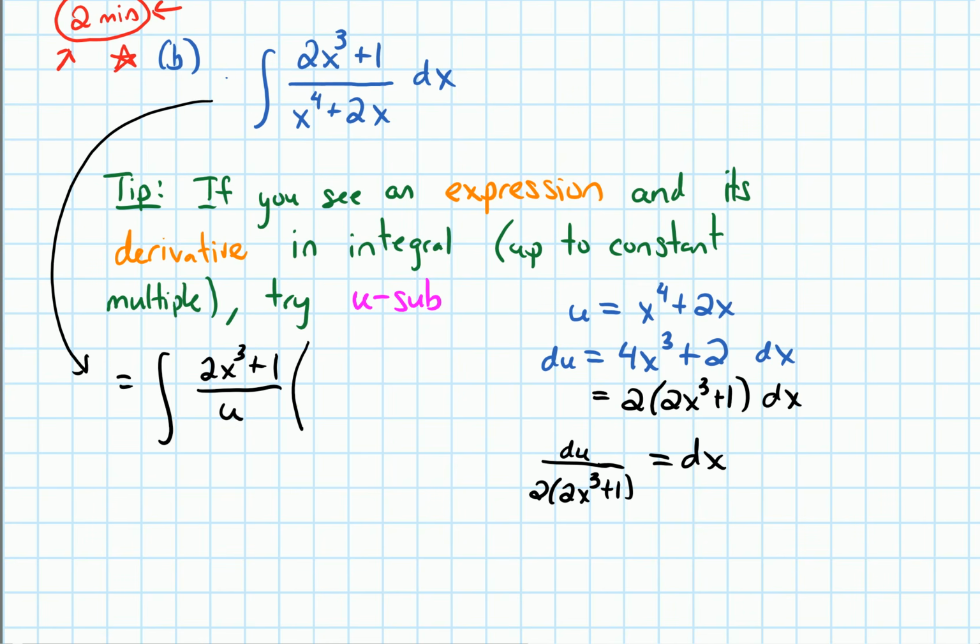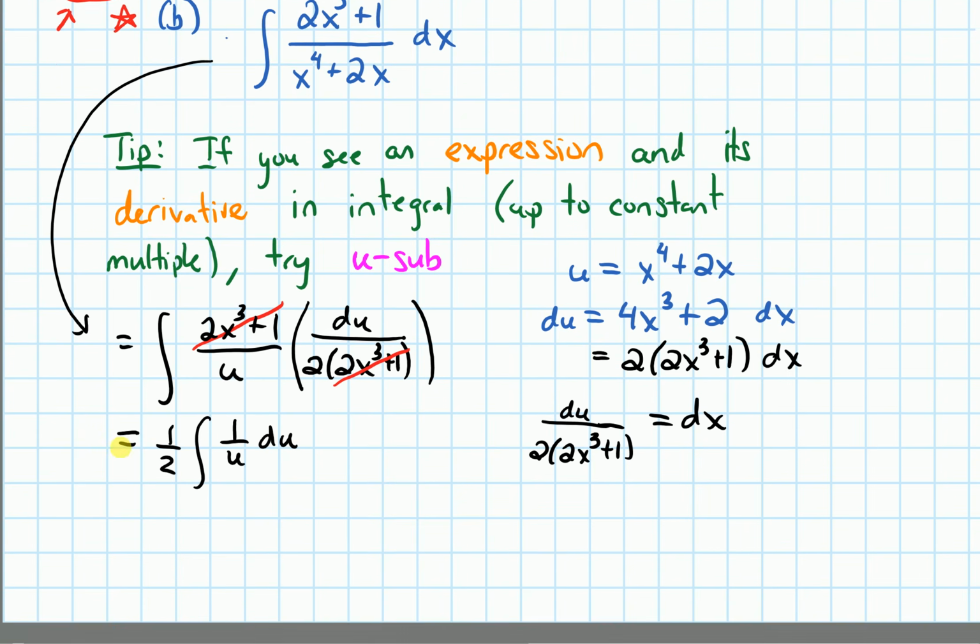And then dx is du over 2 times 2x cubed plus 1. I noticed those 2x cubed plus 1's cancel. So what I'm left with then is I can take this 2, pull it out in front, and get 1/2 integral 1 over u du. And that's an antiderivative we know how to do.